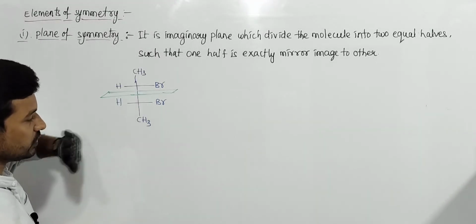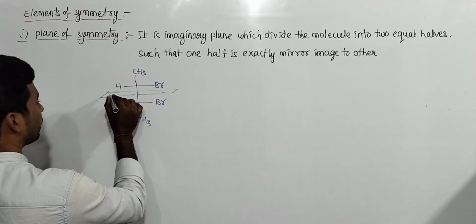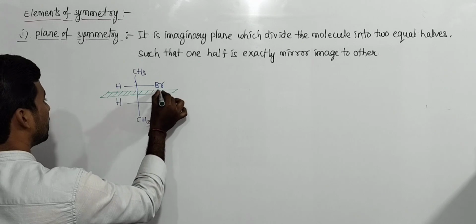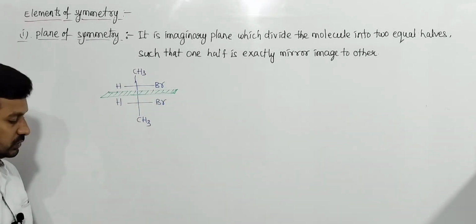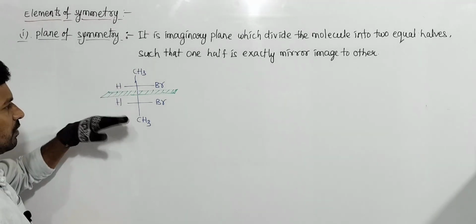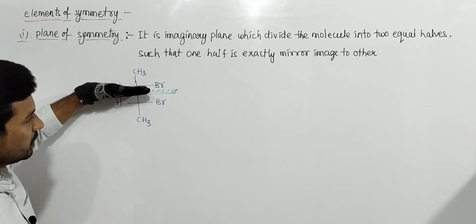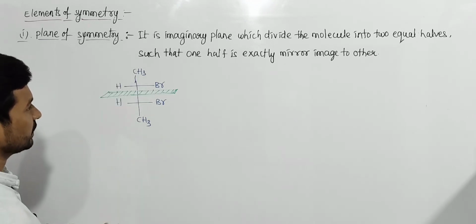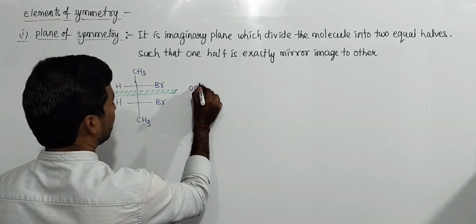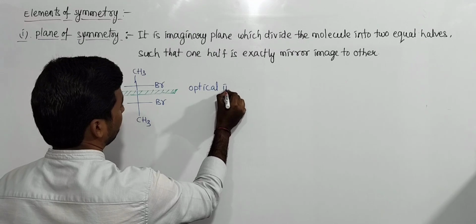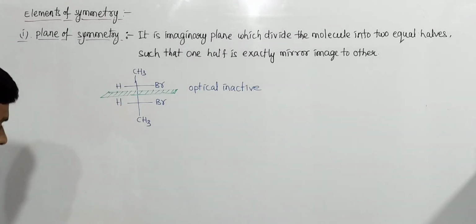The above part is the mirror image of the below part. So this is a plane of symmetry. The molecule is divided into 2 parts, so symmetry in terms of plane of symmetry is present. If a plane of symmetry is present, the compound is optically inactive, optically inactive because of the plane of symmetry.